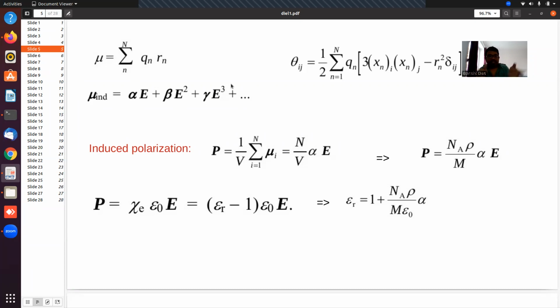So Lorentz picked this kind of description and defined the induced polarization as nothing but the dipole density per unit volume. We can write the dipole density in terms of polarizability, and he only took this first order term.